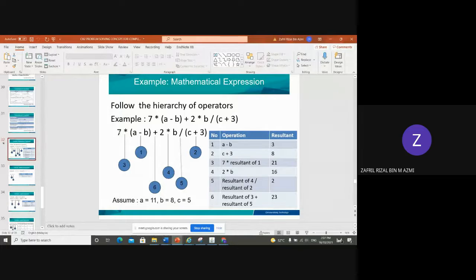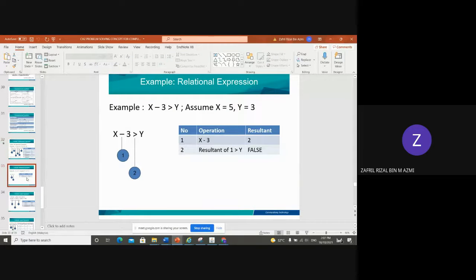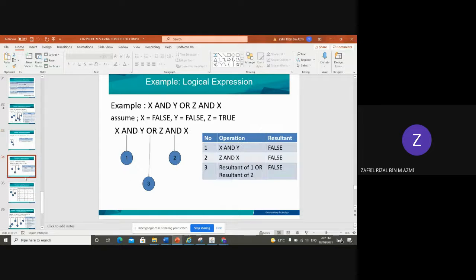An expression doesn't have an equal sign, but if it is an equation, this is an expression.